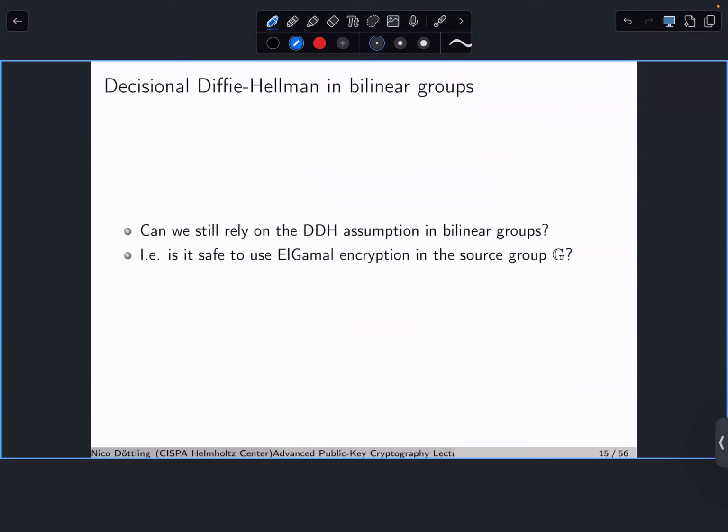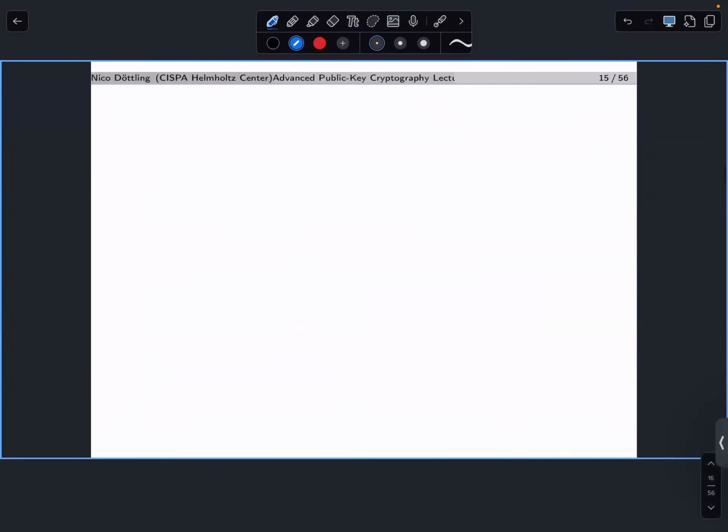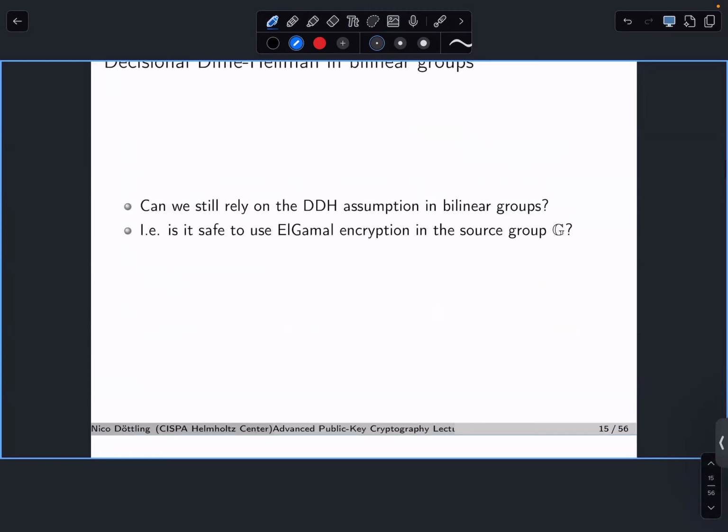So this part here, I already kind of jumped ahead a bit on. Can we still rely on the DDH assumption in bilinear groups? Is it still safe to use El-Gamal encryption in the source group G?